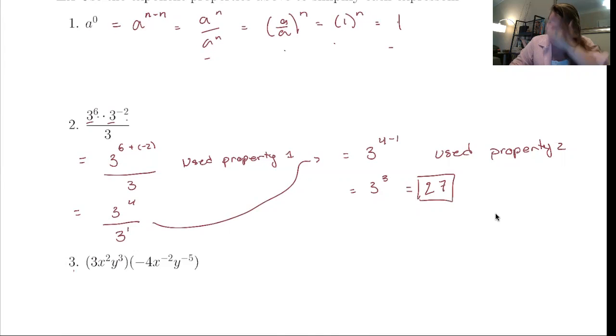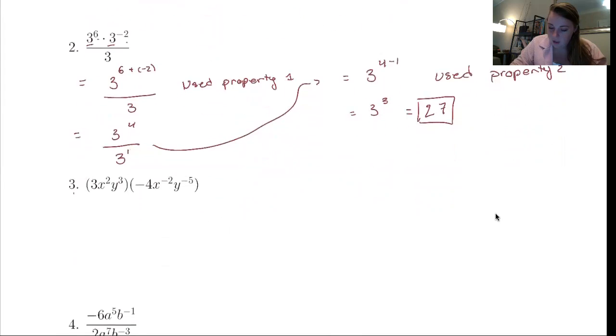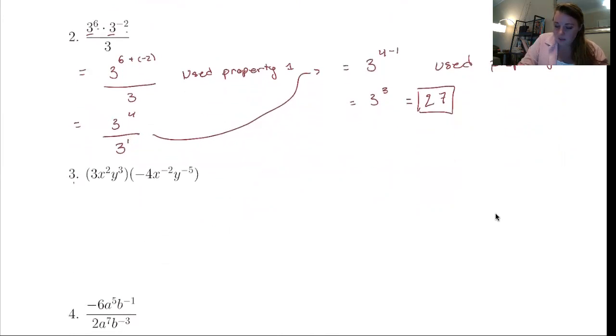But as we see in number 3, I don't have numbers. Now I have variables involved. That's what we call those letters. Okay, so moving on to example 3, it's simplified when there's only one of each variable and only one number. And I'll catch back up to that when we finish this one.